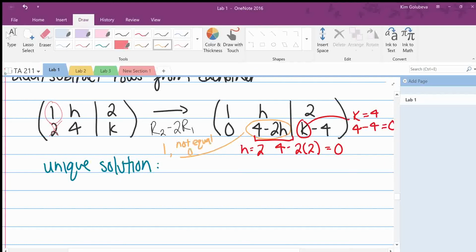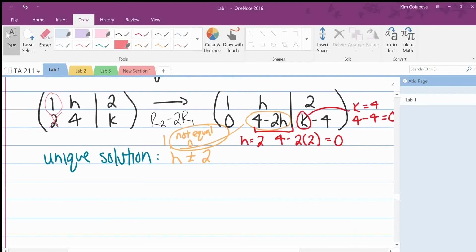Because if it equals any other number than 1, we can always multiply by that number's reciprocal. For example, if it equaled 5, we could multiply that whole row by 1 over 5, and we'd still get a leading one. So essentially we need it to not equal 0. We know that it equals 0 if h equals 2, right? So as long as h doesn't equal 2, we have a unique solution, right?